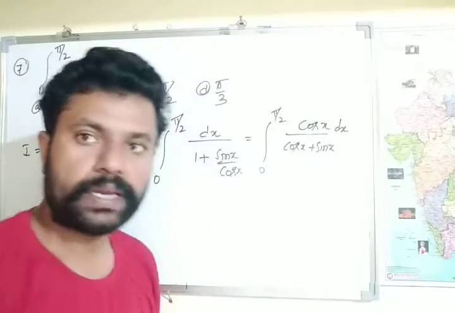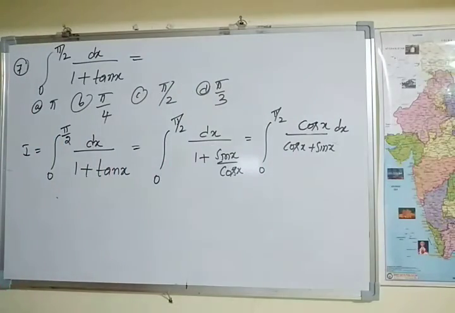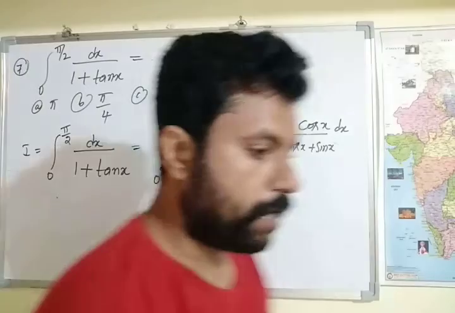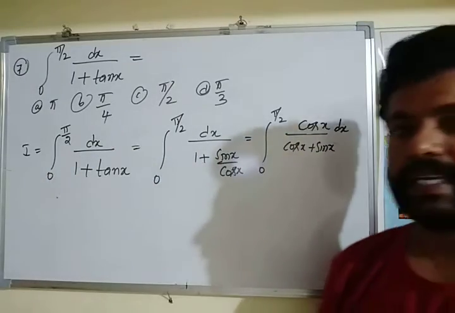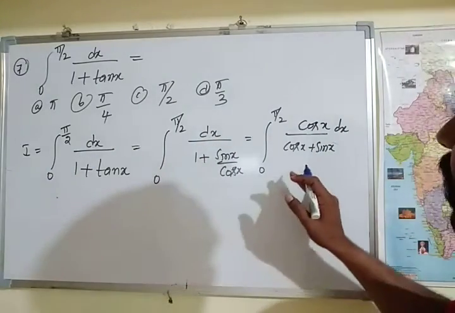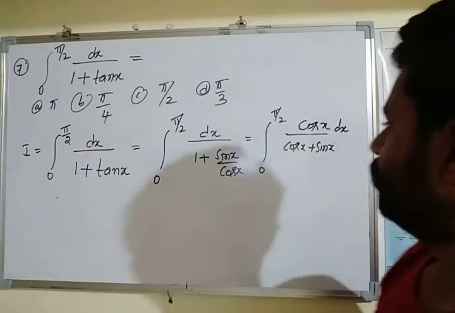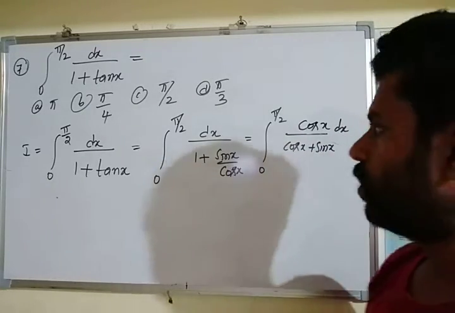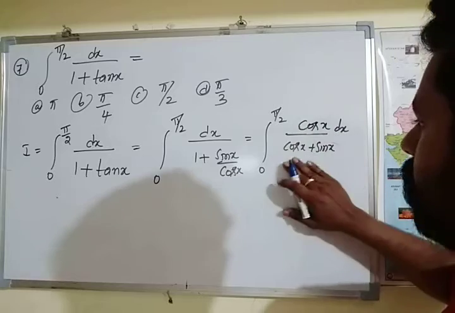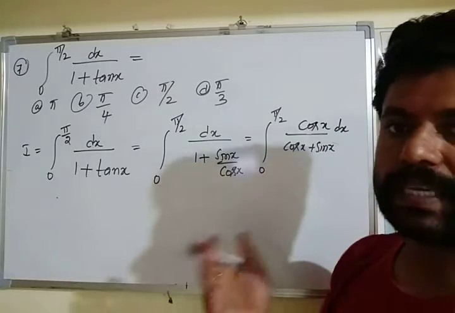Now observe here, apply here property. Here we get in the form of f of a plus b minus x notation form, or you can write directly. See, already we discussed a few results starting 1 to 4. You can directly consider cos x by cos x plus sin x, or sin x divided by sin x plus cos x.